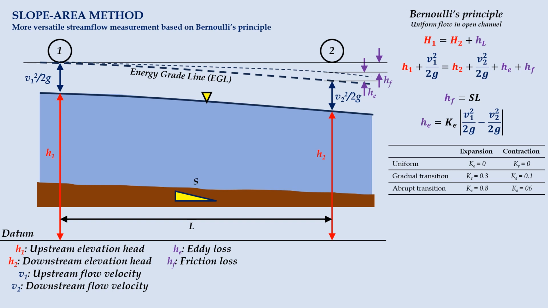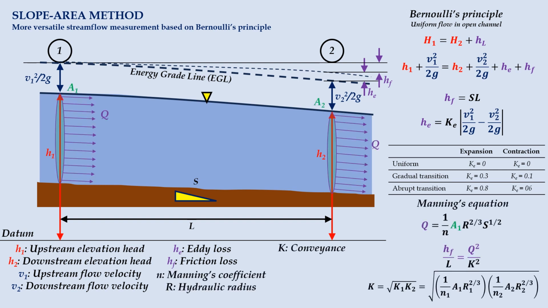Head loss itself consists of two components, namely friction loss and eddy loss. Eddy loss is a function of the absolute difference in velocity head. For open channel, Manning's equation is used to determine the flow discharge.